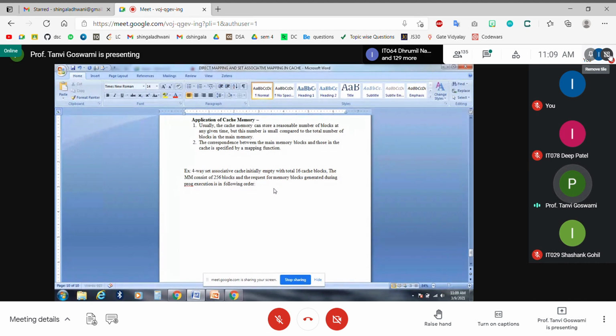What is given with us? Main memory holds 256 blocks, but at a time your cache memory can hold 16 blocks. Your program generates some number of addresses or requests for blocks. That block needs to be brought from the main memory to the cache memory.